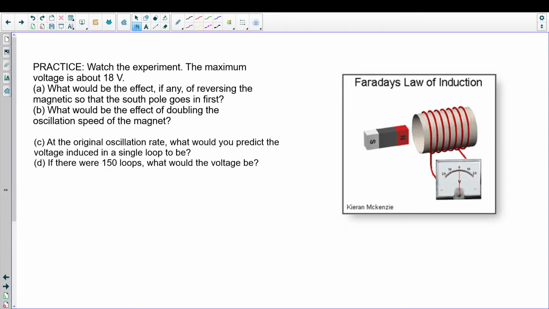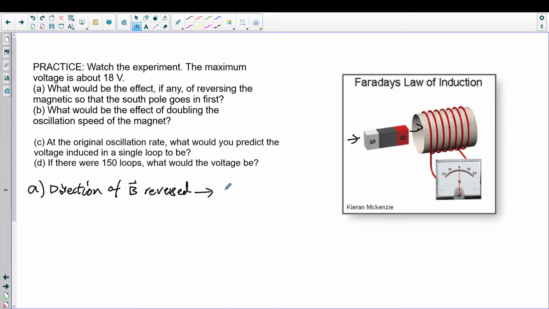So go back to our notes. As we know, the negative sign in front indicates direction matters. If north and south are reversed, the direction of the flux changes, because north it was going away, south is going towards, so the direction of B changed, reversed.